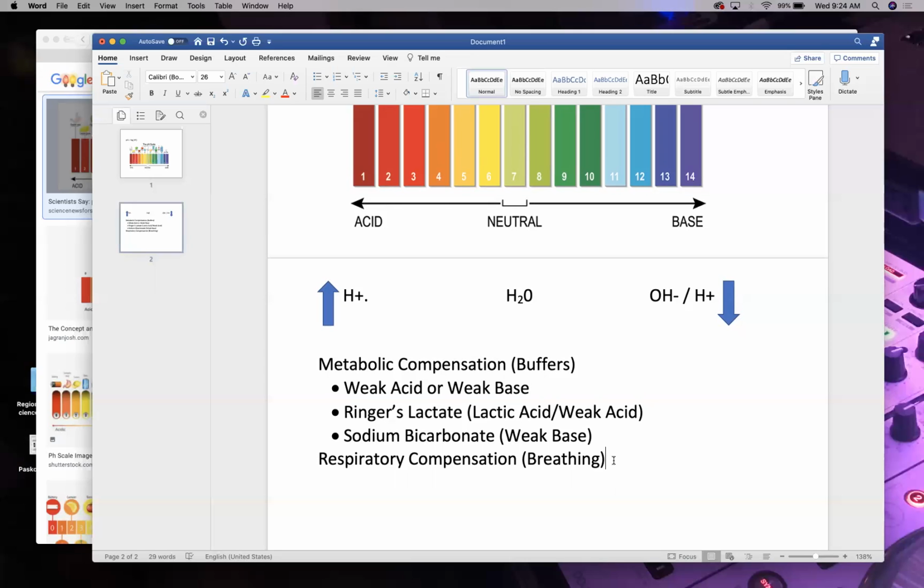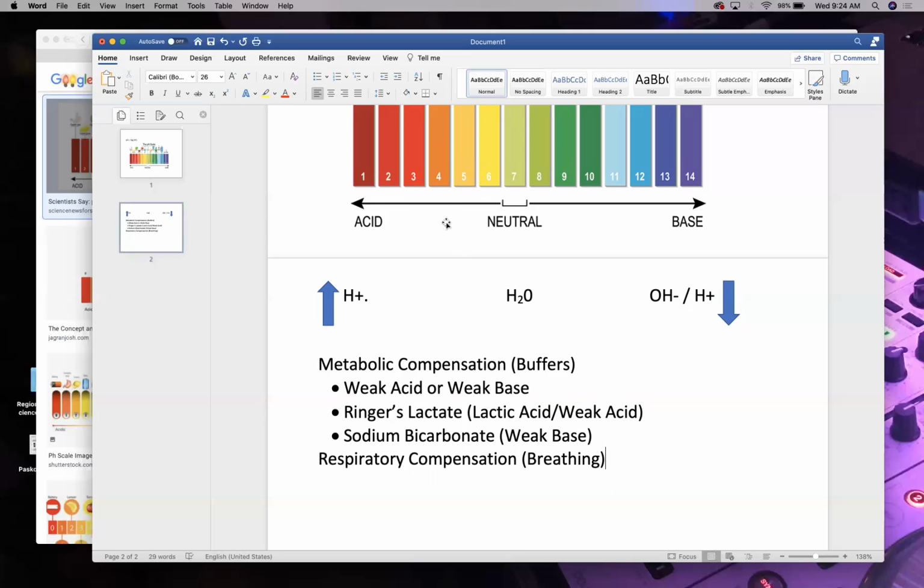And ABG measures the pH, how many H pluses or H minuses, and it also measures carbon dioxide and oxygen. Now, if you recall, when we talked about respiratory, carbon dioxide is the main chemical that your chemoreceptors in your spinal cord, in your cerebrospinal fluid, monitor for your breathing. So if you have way too much CO2, it's going to combine with this H plus.